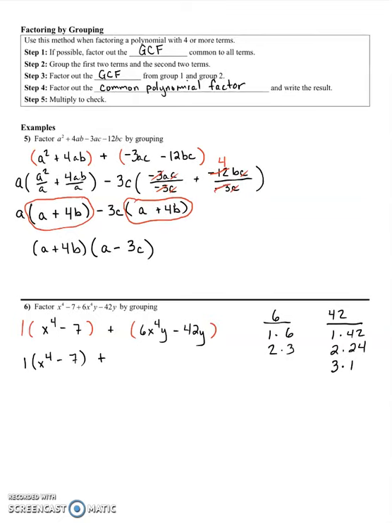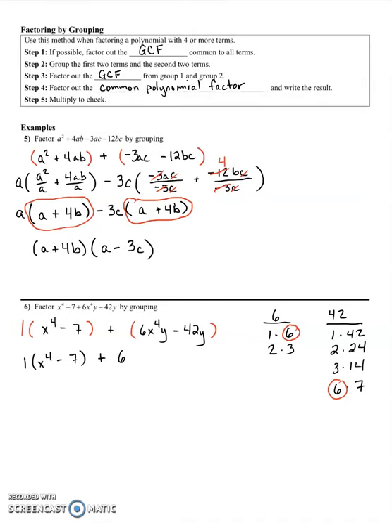Oh wait, yes, it does. Never mind, 3 times 14. 4 doesn't work, 5 doesn't work, and 6 times 7. So our largest factor in common is the 6. So we're going to take a 6 out.